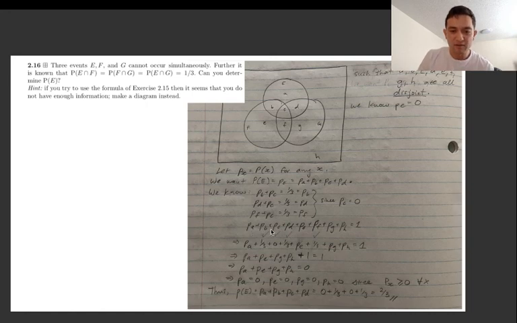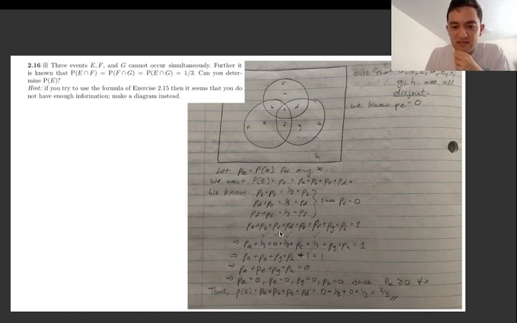So we have probability of B, so I checked that off. The other thing is we do know that the sum of the probabilities of all of these regions has to equal 1 by the definition of a probability function. So we have the probability of A plus probability of B plus probability of C plus probability of D plus probability of E plus probability of F plus probability of G plus probability of H equal to 1.